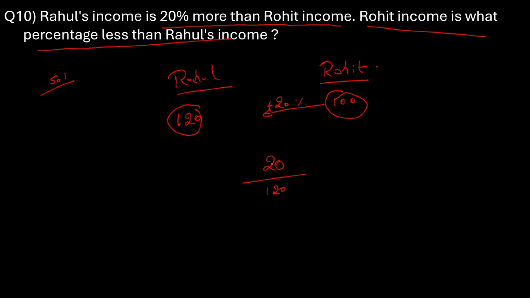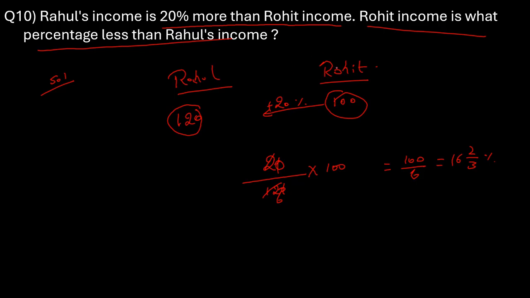Right? In order to convert this fraction into percentage, I will multiply with 100. 20 ones are 20, 20 sixes are 120. So 100 by 6, that is equal to 16 2 by 3%.